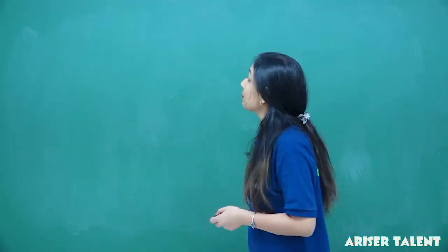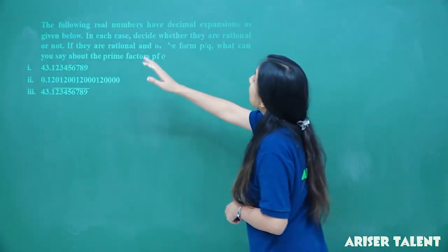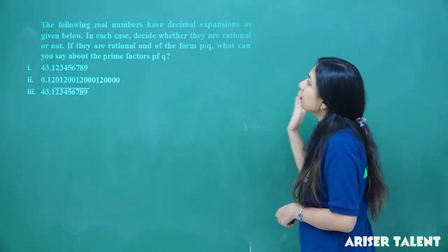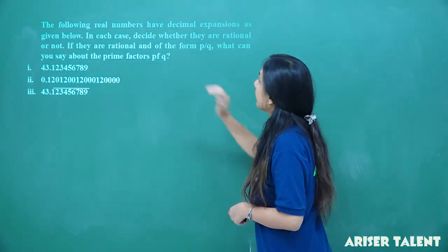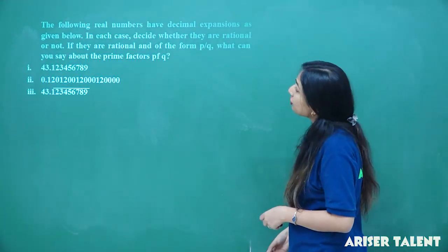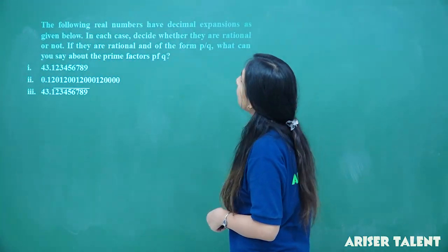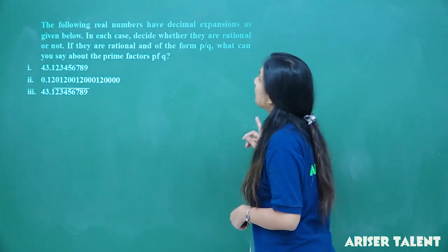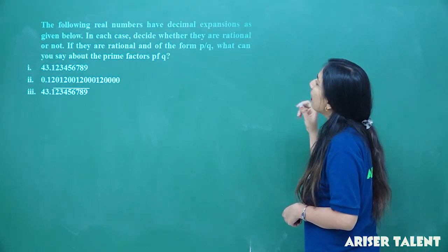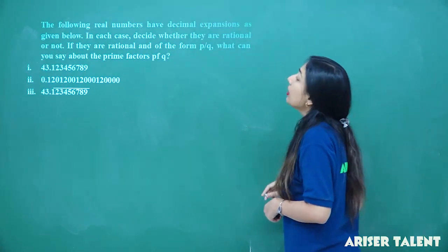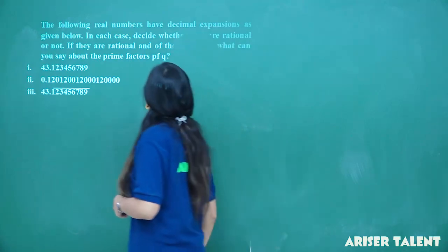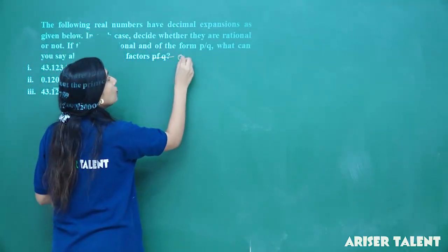So have a look. The following real numbers have decimal expansions as given below. In each case, decide whether they are rational or not. If they are rational and of the form P by Q, what can you say about the prime factors of Q?